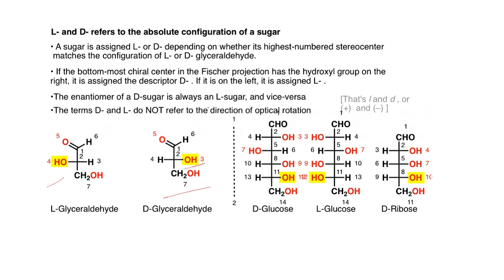D and L do not indicate different directions of optical rotation. It is on the basis of glyceraldehyde. So this is D-glyceraldehyde and L-glyceraldehyde. The nomenclature is based on this parent molecule.